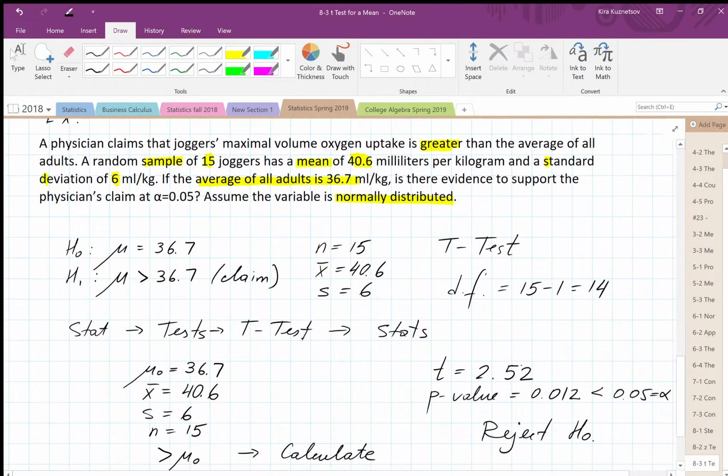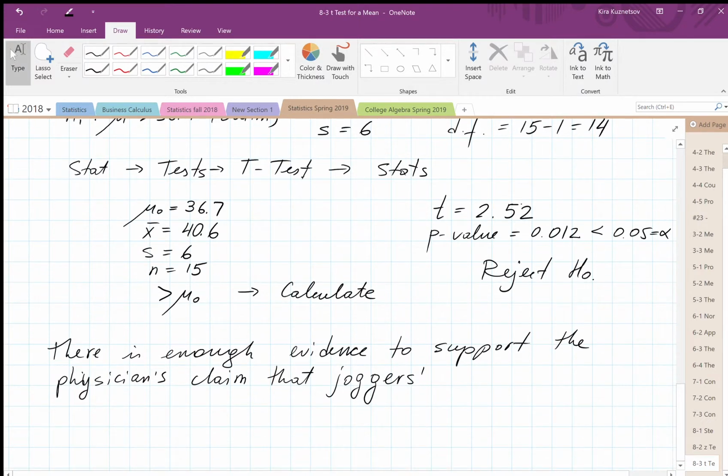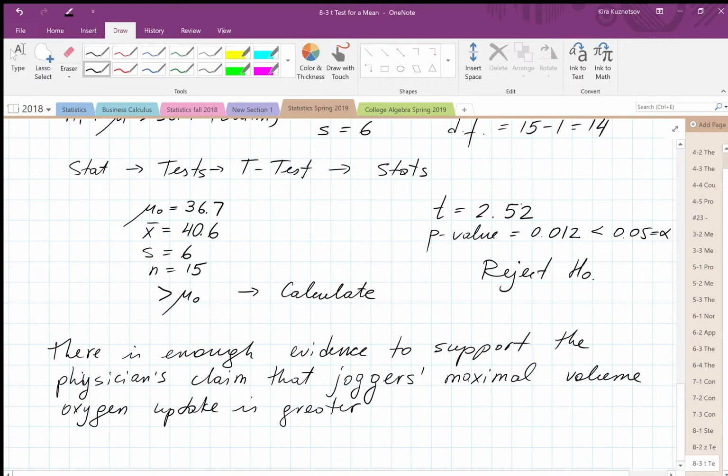Physician claims that joggers' maximal volume oxygen uptake is greater than the average of all adults.